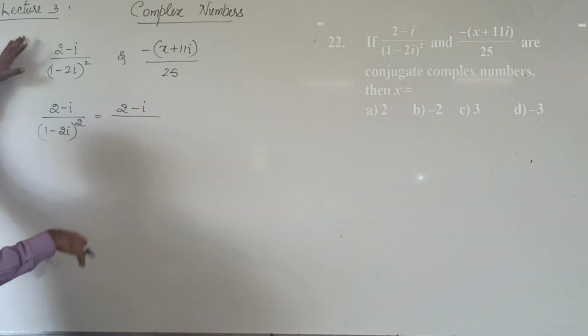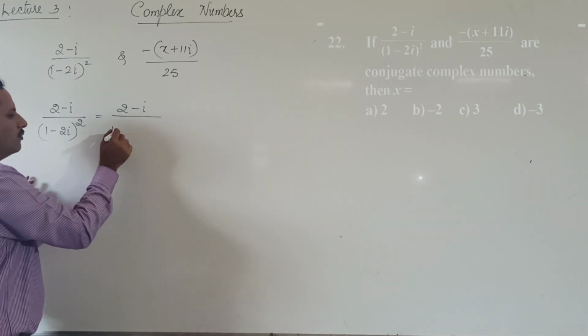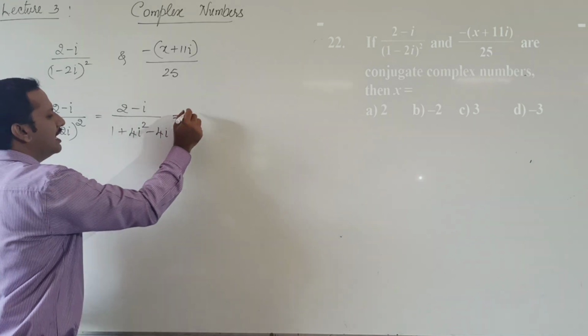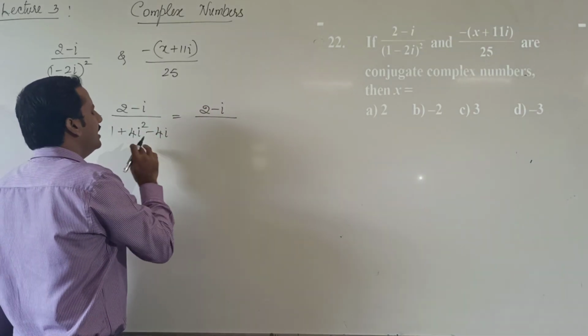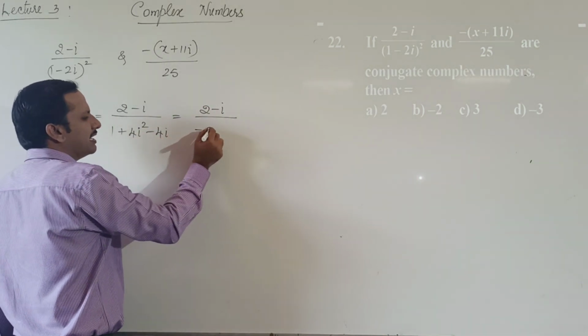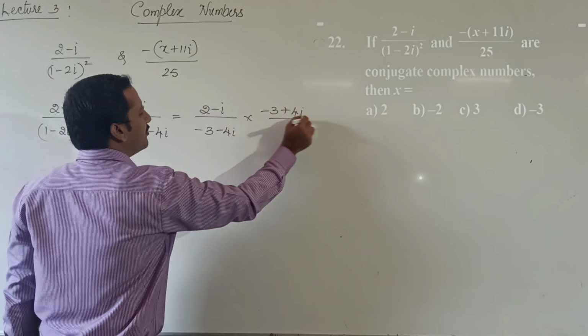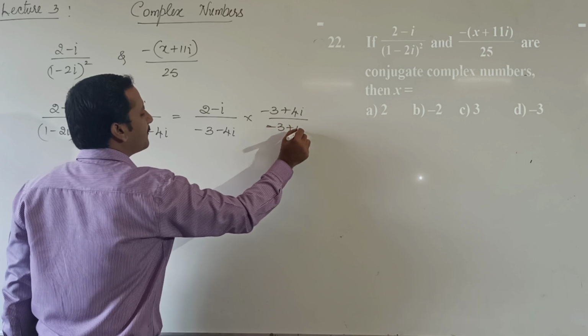1 minus 2i whole square, if I simplify it, I am going to get 1 plus 4i square minus 4i. That is equal to 2 minus i over, i square is minus 1, 1 minus 4 is minus 3, minus 4i. Multiply and divide by minus 3 plus 4i.